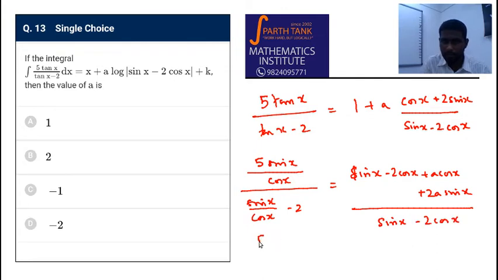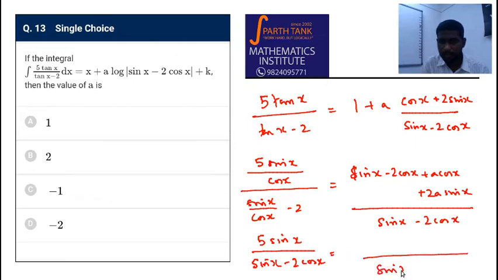Now the left hand side, if I take LCM, is 5 sin x over sin x minus 2 cos x. And here I have again the same denominator sin x minus 2 cos x. The sine terms, if I see, are these two: (2a plus 1) sin x and (a minus 2) cos x.